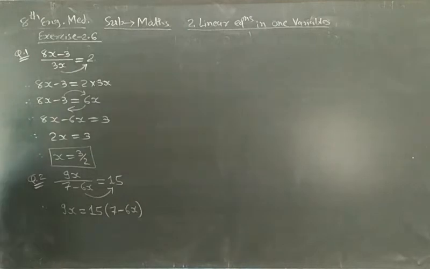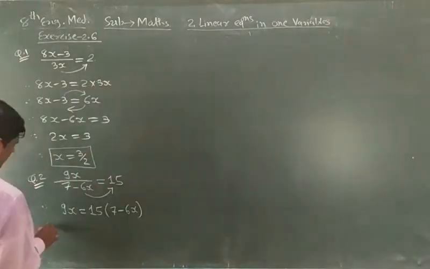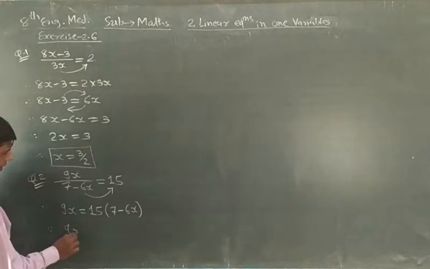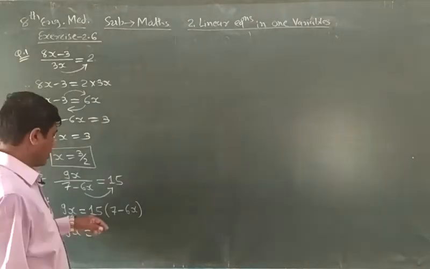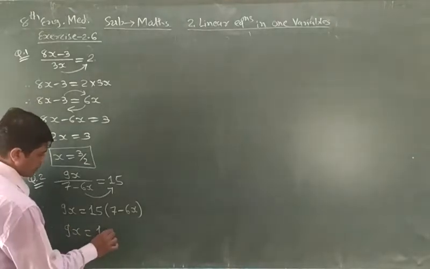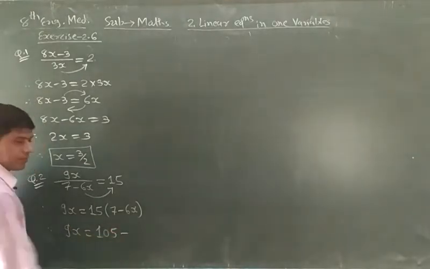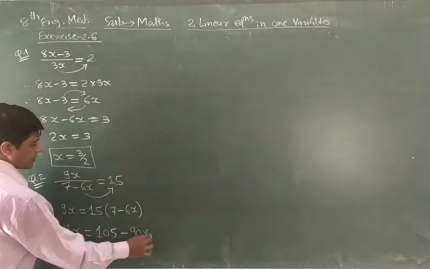Okay, divide going this side, so multiply. So 9x is equal to, we know multiply one by one bracket open, 15 sevens are 105. Plus minus minus 15 sixes are 90x.